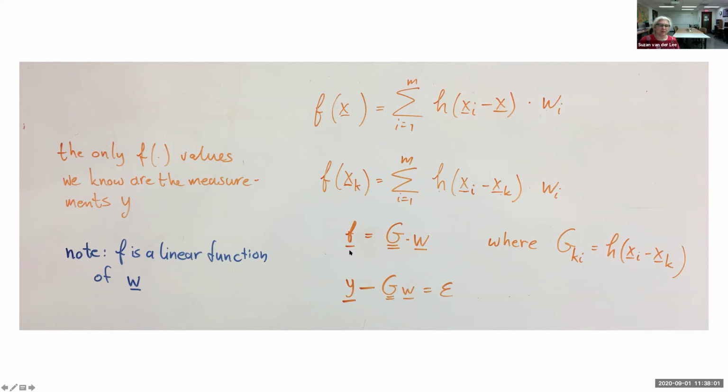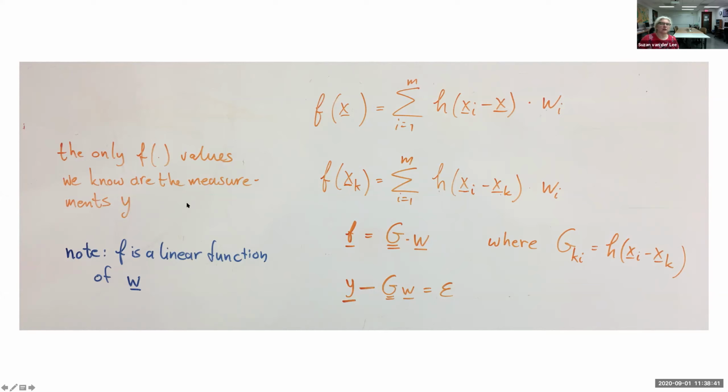Now we have these measurements y, which were representative of what we think this function of Moho depth is, plus this epsilon right here. So if we subtract these predictions of Moho depth, based on the weights w that we assign and the basis functions we defined, from the measurements, the difference between them is essentially an error, and that error is what we want to minimize.